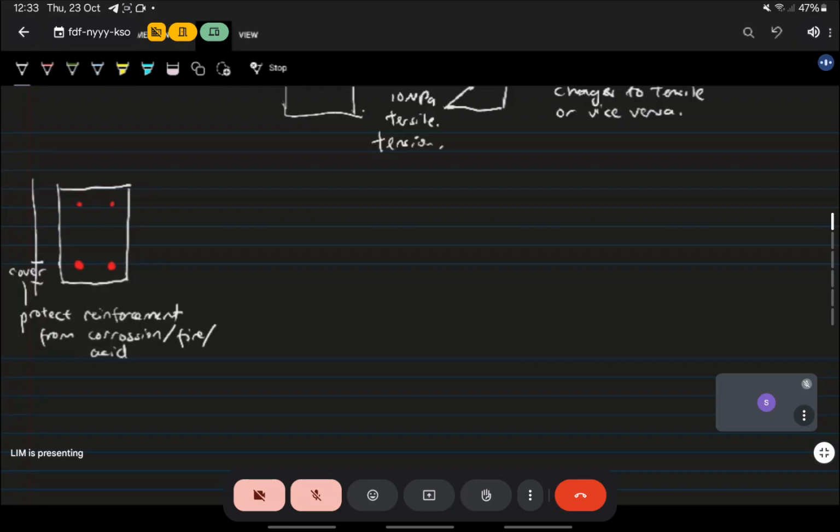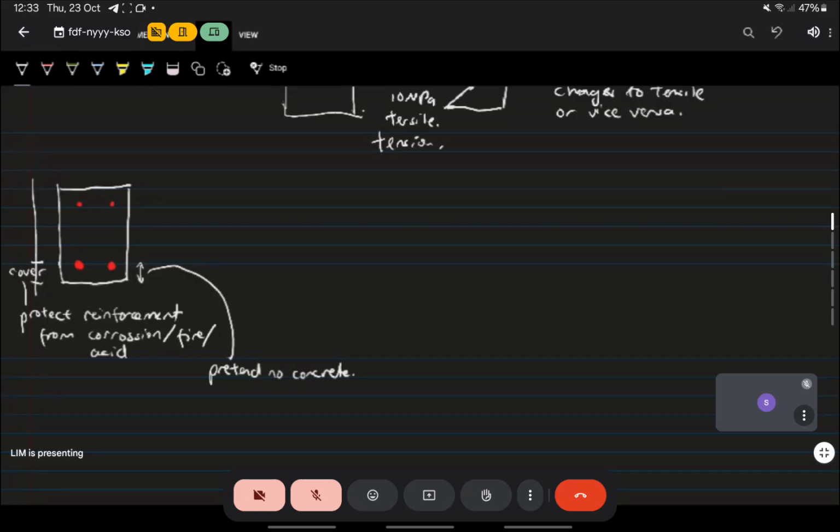So it's a sacrificial concrete. Basically that height of concrete, we also pretend it's not there. We pretend no concrete for design. For calculation, we pretend there's no concrete there, because it's a sacrificial layer used to protect the reinforcement.